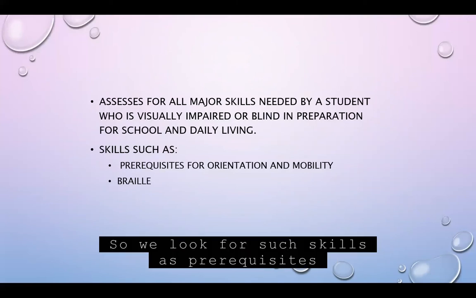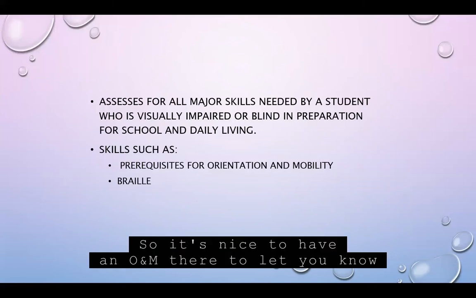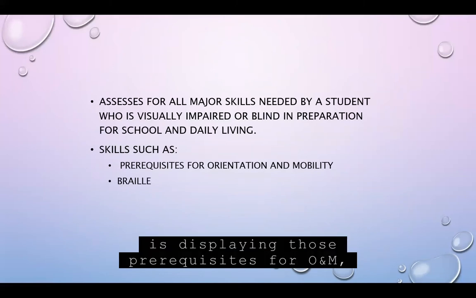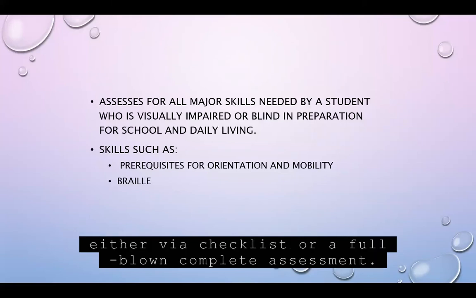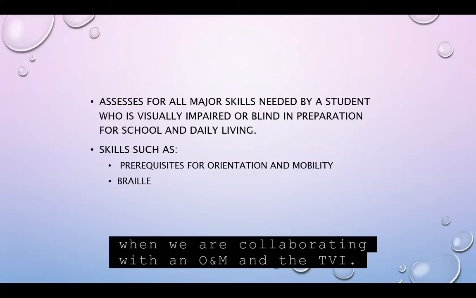We look for such skills as prerequisites for O&M and Braille. It's nice to have an O&M there to let you know whether or not the student is displaying those prerequisites for O&M, either via checklist or a full-blown complete assessment. We are looking for those things as well when we're collaborating with an O&M and the TVI.